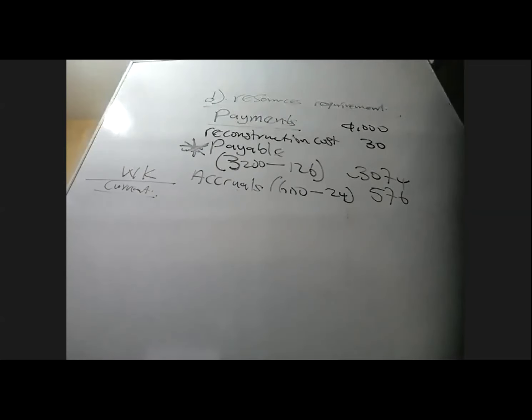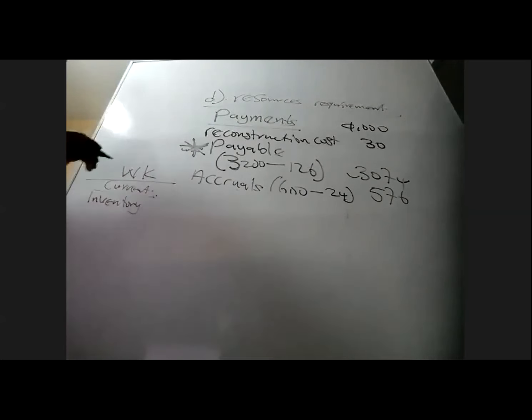The current assets. Let's list all the current assets. The current assets that will be in the new business will be the components. That's the inventory. Nothing has affected the inventory. The inventory figure is 2020. So I'll bring the 2020 here.